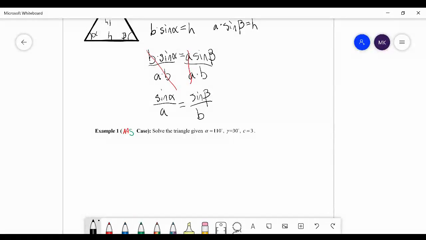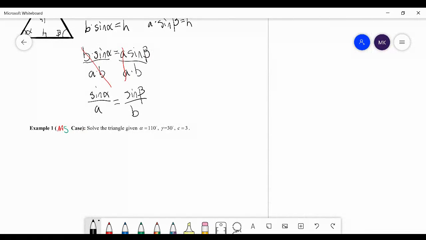It's really nice and useful to get some sort of drawing of whatever you're dealing with. By no means is this to scale, but it works for what we need. Let's say this here is our gamma, which is equal to 30 degrees. This is our alpha, 110 degrees. And this is our side C, which is equal to 3.